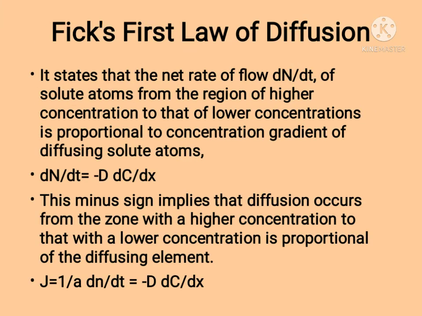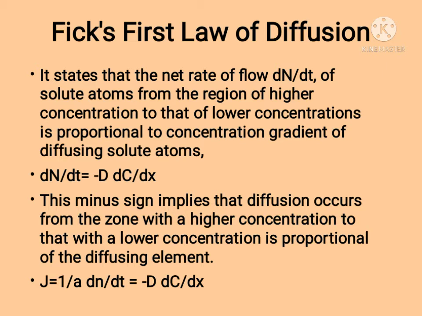The next point is Fick's first law of diffusion. It states that the net rate of flow of solute atoms from the region of higher concentration to that of lower concentration is proportional to the concentration gradient of diffusing solute atoms.